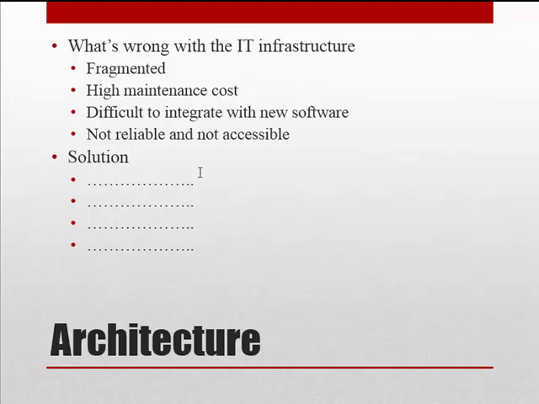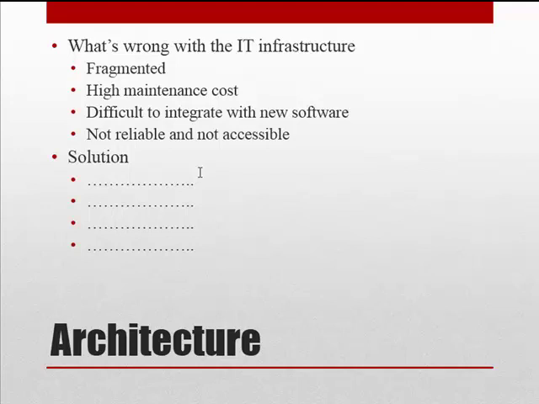I cannot have some systems running on Windows and others running on Linux and others running on Unix. That will make it hard for me to maintain the architecture. I will have to invest in a lot of human resources, a lot of people who understand networks and understand operating systems, in order to manage these different OS, meaning operating systems.